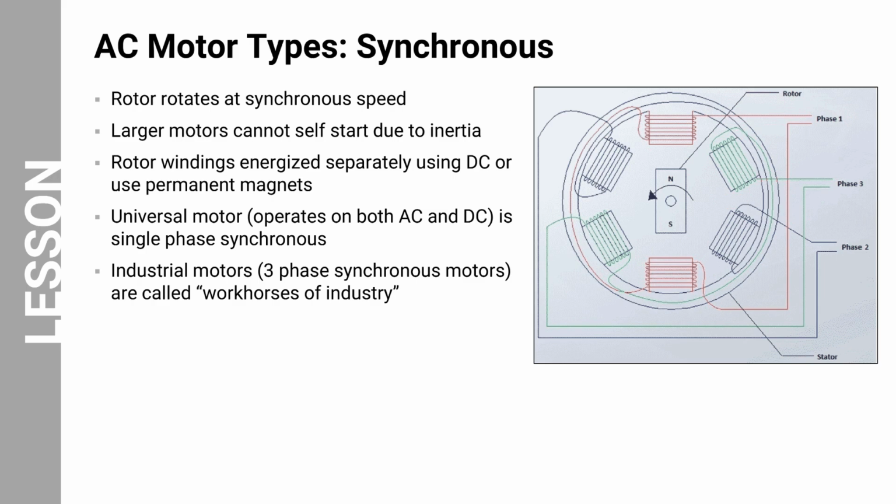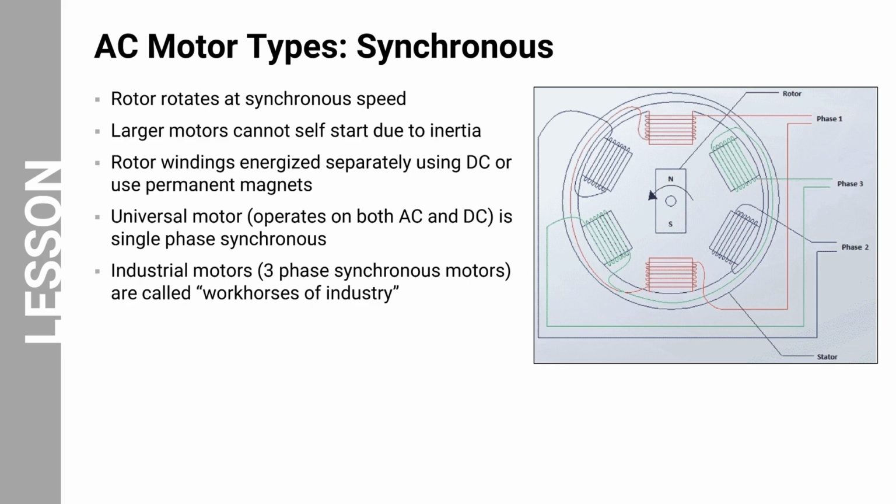Now let's look at the two types of AC motors, starting with synchronous motors. Synchronous motors are characterized by their distinct feature where the rotor rotates at synchronous speed, aligning perfectly with the rotating magnetic field. One notable limitation is that larger synchronous motors cannot self-start due to their high inertia, requiring auxiliary starting methods. These motors use either separately energized DC rotor windings or permanent magnets for operation.